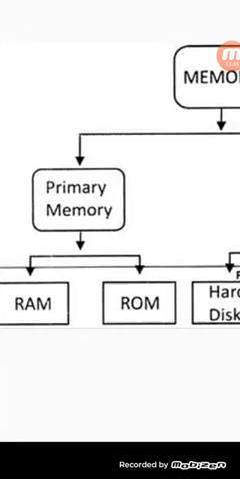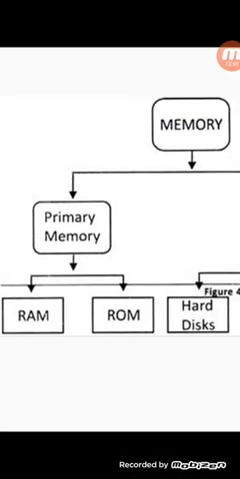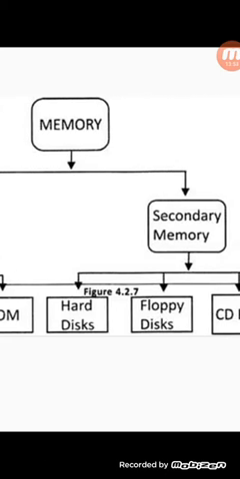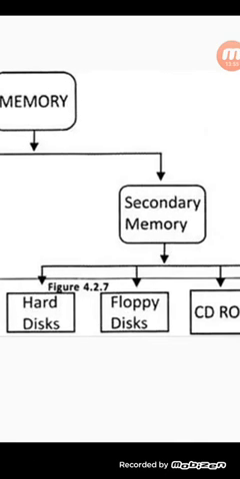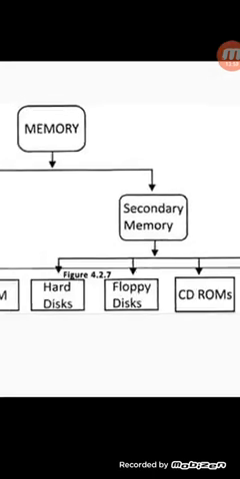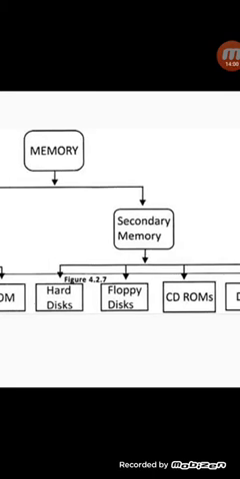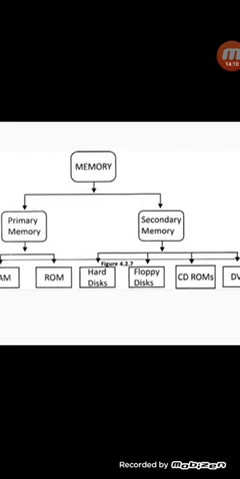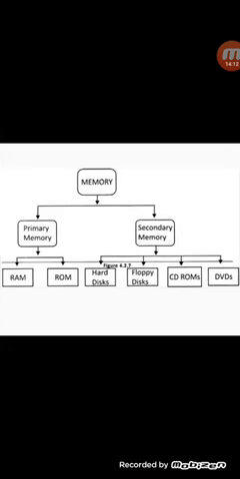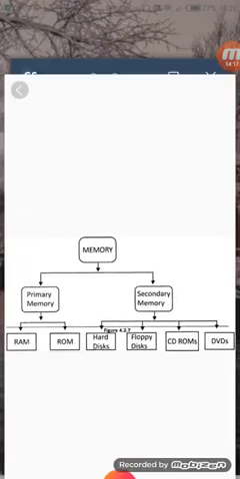Okay, in the next class we will study secondary memory, and also how we measure memory. We measure in bits, bytes, nibbles and all. And you have to revise this chapter. I will ask you what is the difference between RAM and ROM.